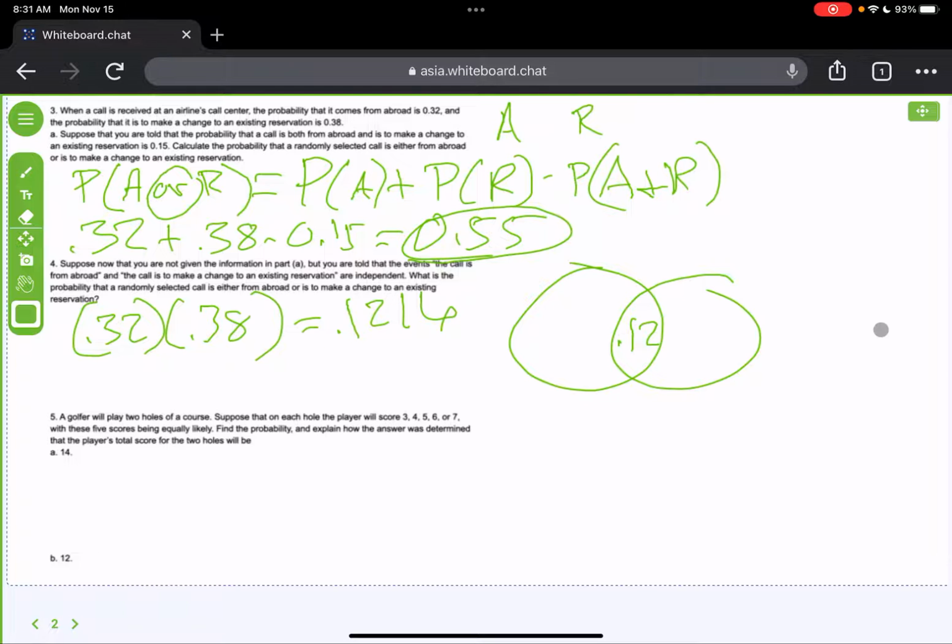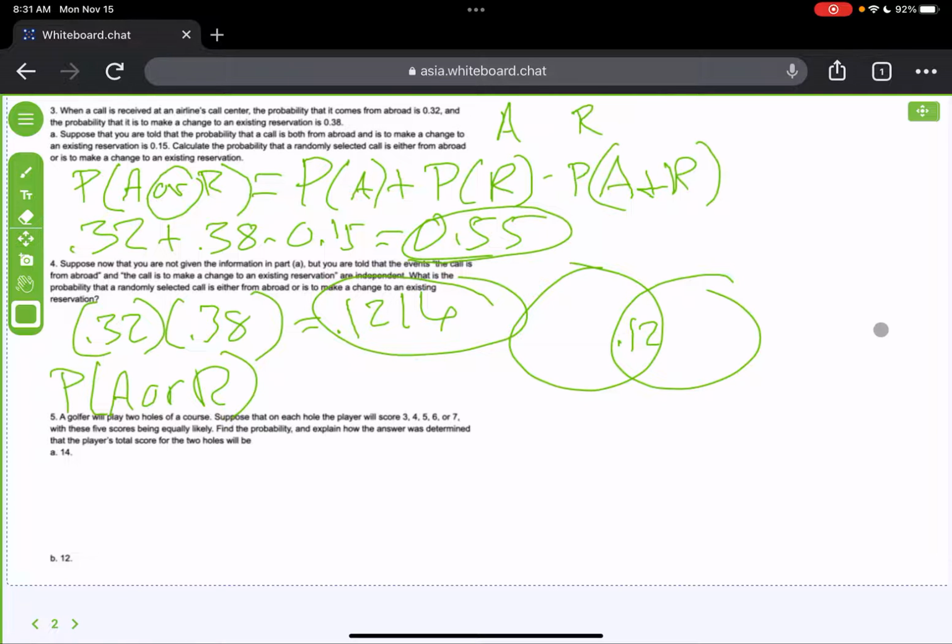In the previous problem, they gave us that information. But here they say it's independent, you figure it out, and then solve for the probability. This says, what is the probability that a randomly selected call is either or? So it's the same thing, right? It's going to be P of A or R, but it's going to be with this term.